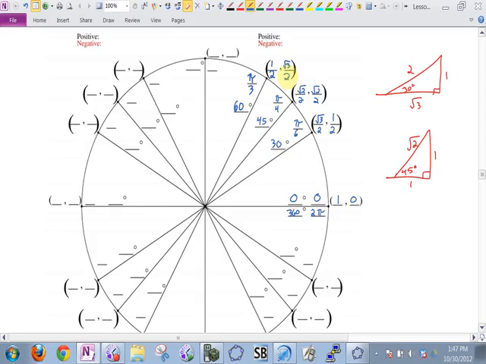And then we already know this. How many degrees is that angle? 90. How many radians is that? Pi halves. And what are the coordinates of that point? 0, 1. So here's the pattern. Radical 0 over 2, radical 1 over 2, radical 2 over 2, radical 3 over 2, radical 4 over 2.